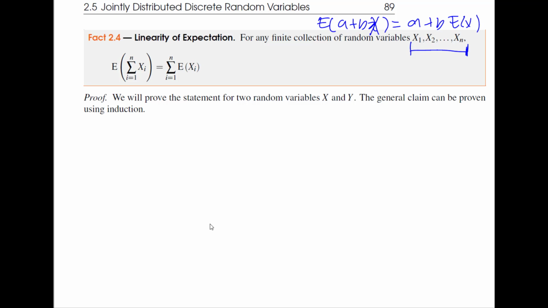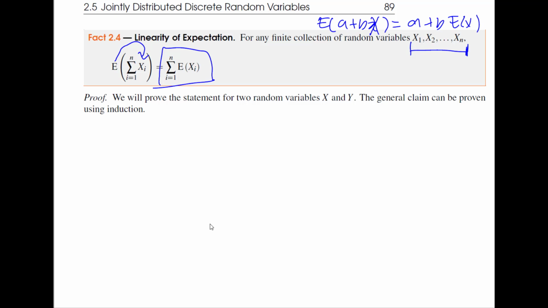Now, we're not going to go through all the details of that. We're just going to look at the expectation of terms that involve several random variables. It turns out that since it's a linear operator, it comes inside summations. So the expected value comes inside summations like that, which is a very convenient property, and we're going to use it a lot.